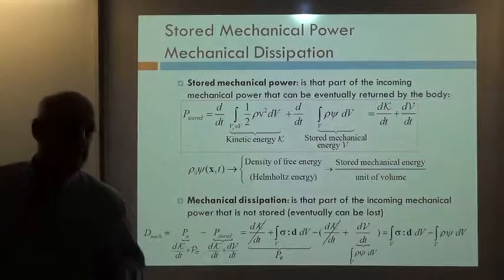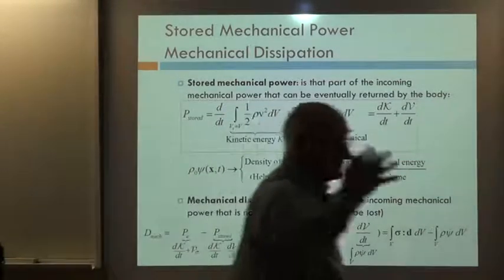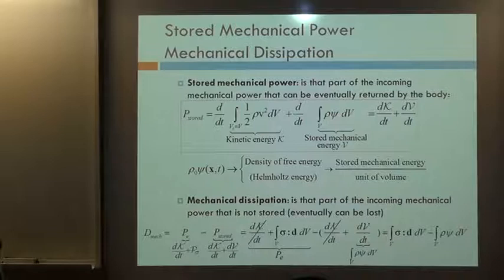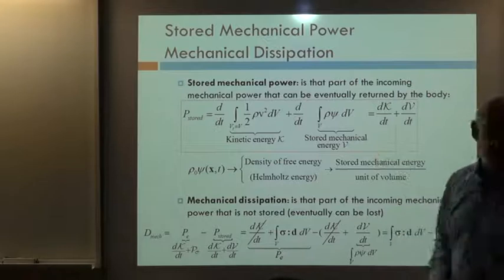I anticipate that all this work that we enter via mechanical or via thermal power into the continuum medium, part of this work is going to be, so to speak, stored or saved in the body so that eventually it can be returned. I will put some examples about that. But there is another part which is lost, and that is the concept of dissipation.